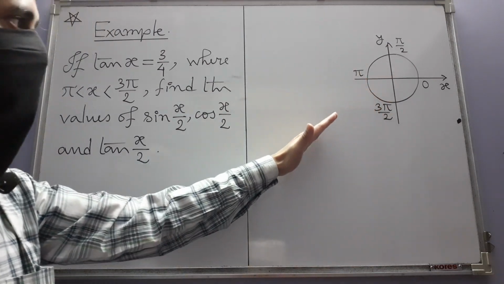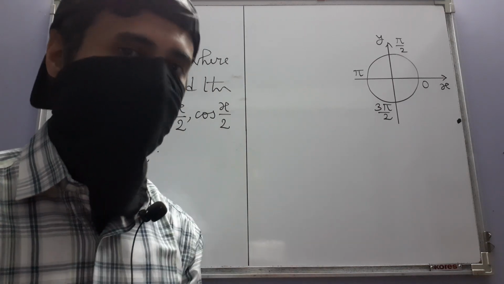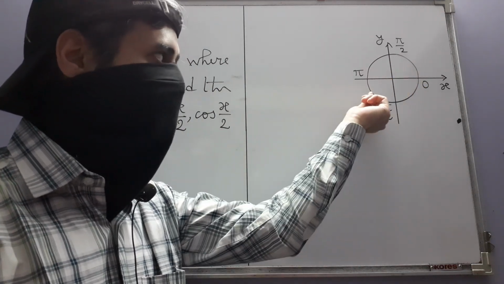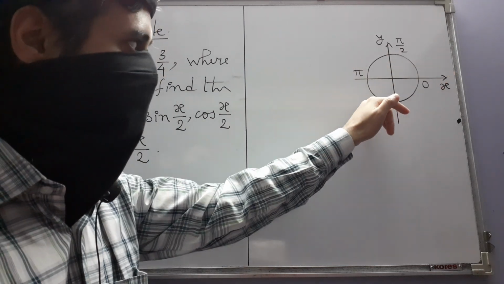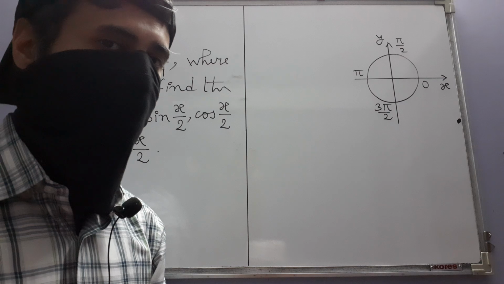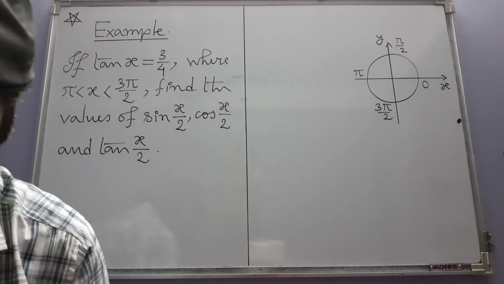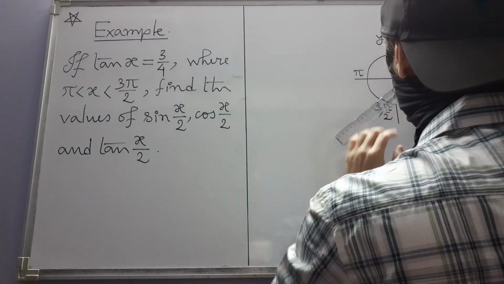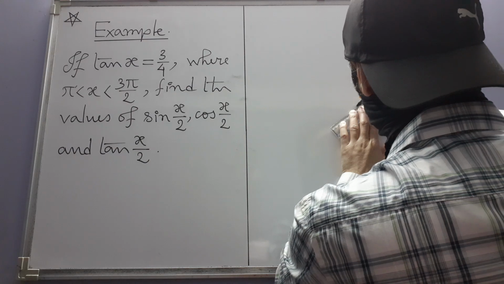And in the third quadrant, sine and cos are both negative. Cos is negative because it's the x coordinate of the point where that terminal ray of the angle intersects this unit circle. For example, we can draw the terminal ray. x will have its terminal ray somewhere here.